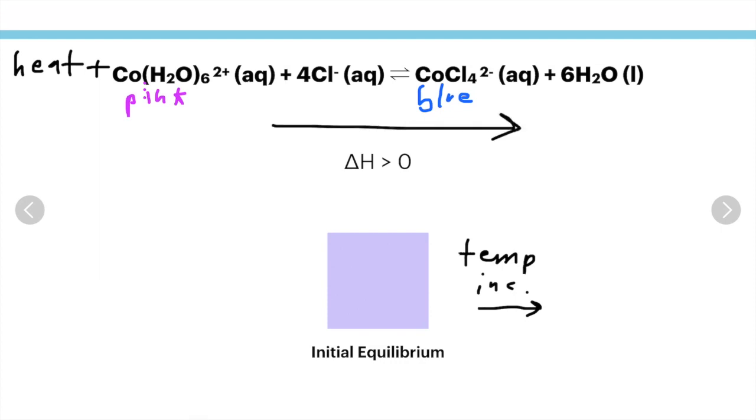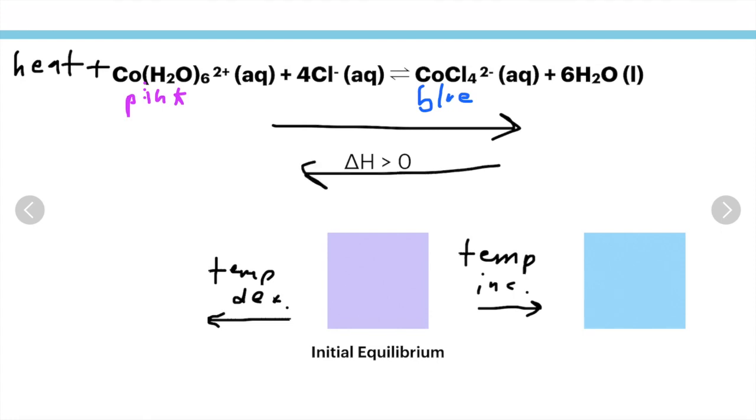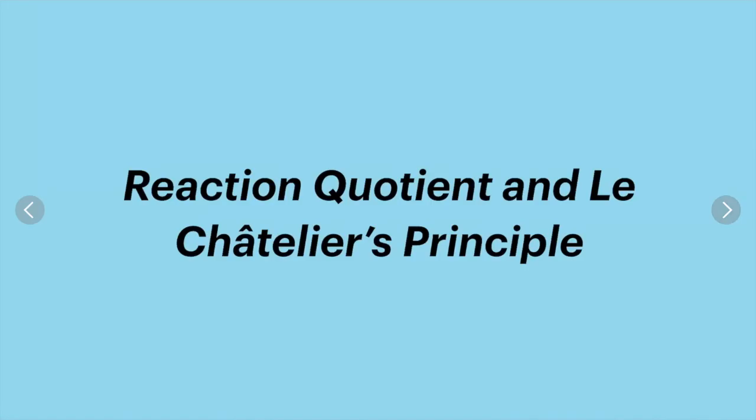So it would shift this way, and more of the blue ions would be produced. So the solution would look something like this. And if the temperature were to be decreased, more of the pink ions will be produced because it's shifting towards the heat this way. And the solution will look something like that.